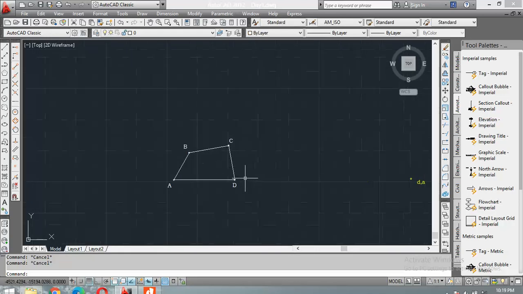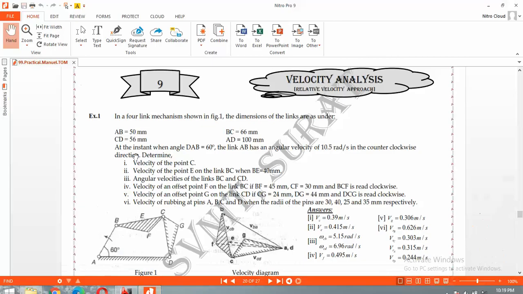Now let us target the next points, either B or C. Which point will we choose next to mark into the velocity diagram? We will target the next point which is falling on a link whose angular velocity is given.